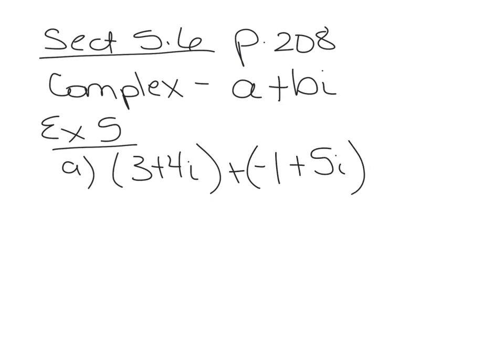Adding and subtracting complex numbers is just like combining like terms. As long as there's a plus sign in between here, you can drop the parentheses and just combine the like terms together. So the real numbers, 3 plus negative 1 makes 2. And then the imaginary numbers, 4i plus 5i makes 9i. And that's how we write that.